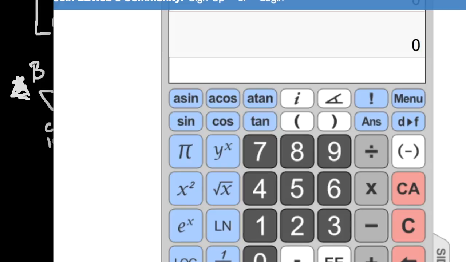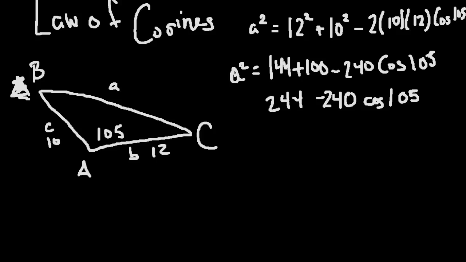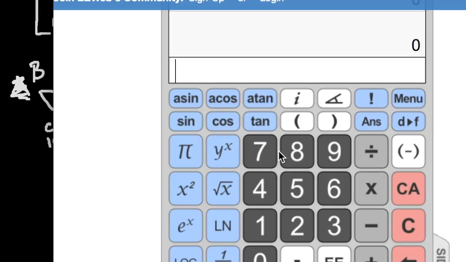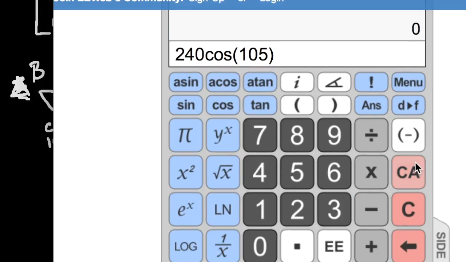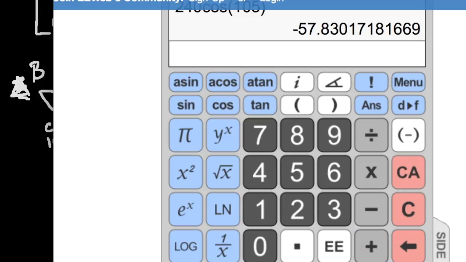As the problem states, we do 240 times cosine of 105, close that parenthesis, and press equals. That's going to be negative 57.83.